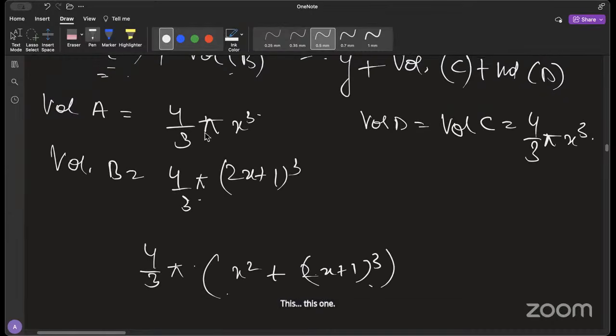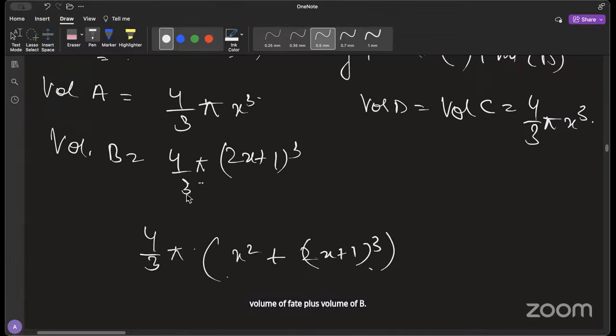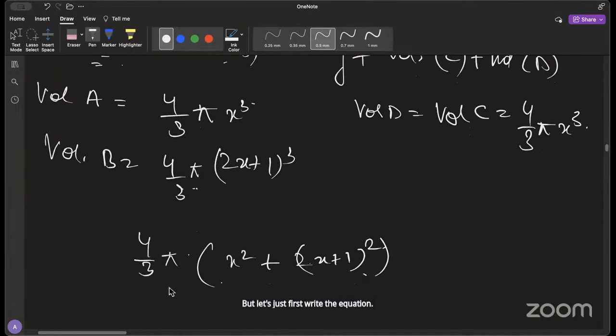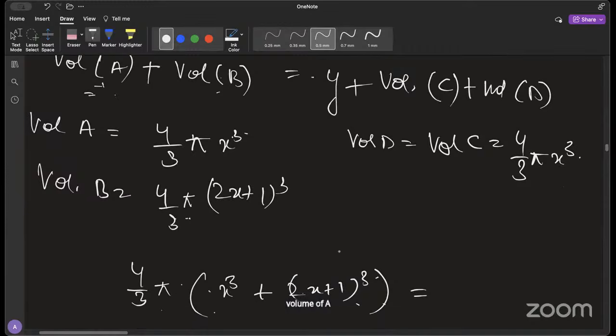We've just added the volume of this and this, volume of A plus volume of B. A and D will get cancelled if we equate, but firstly let's just write the equation. So this is 4 by 3 pi common, and we have a cube in both places, cube here and cube here. So we've added both of these. Volume of A plus volume of B gives you this.